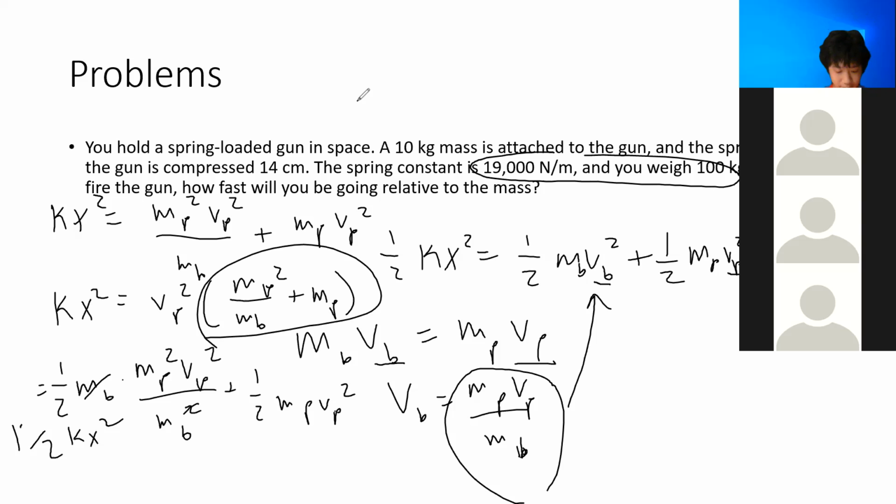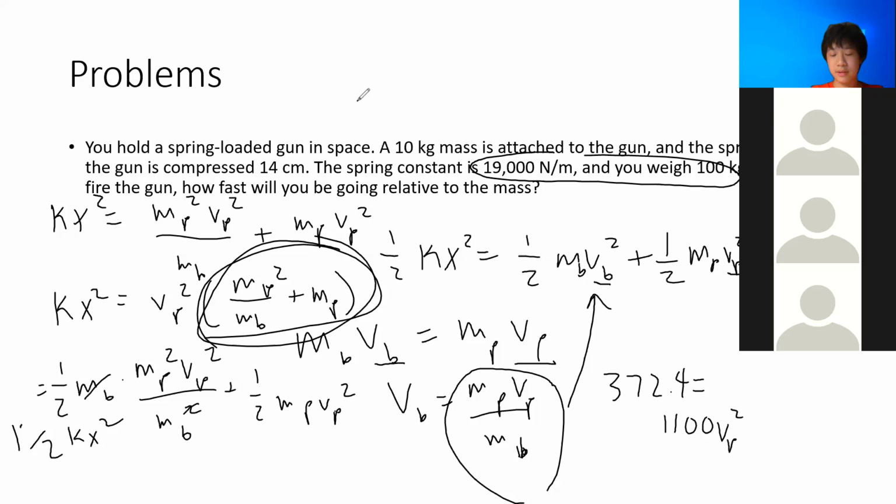So kx squared: 19,000 times 0.14 squared, which is 372.4. And then what is all this? Well, mass of person squared, 100 squared, over the mass of the ball, which is 10, plus 100, equals 1100.